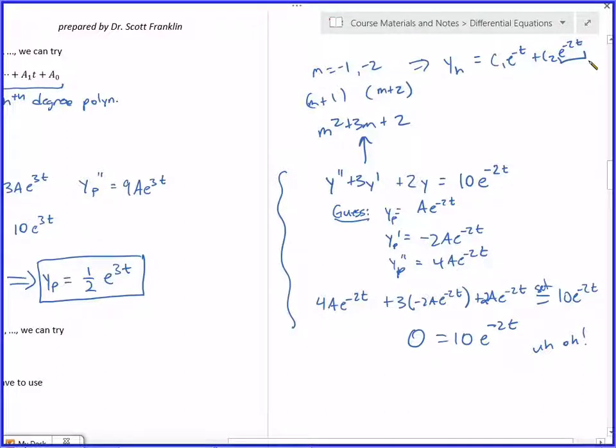This right here is part of the homogeneous solution. It is a solution to the homogeneous equation. When that happens, if I plug this in, and any combination of it, I've got to get 0 because it is a solution to the homogeneous one. It will give me 0 on the right-hand side.